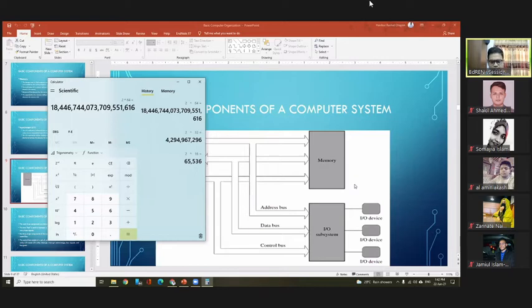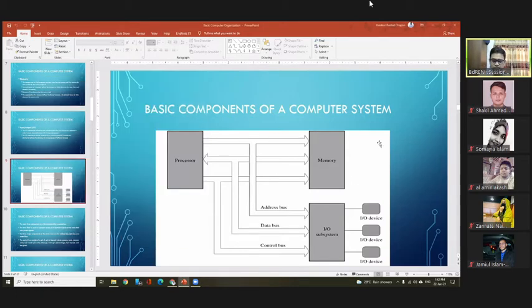Your computer, your processor, your data bus, your operating system, most of your software, everything is now 64-bit. Whatever software you try to download, most of it is 64-bit.